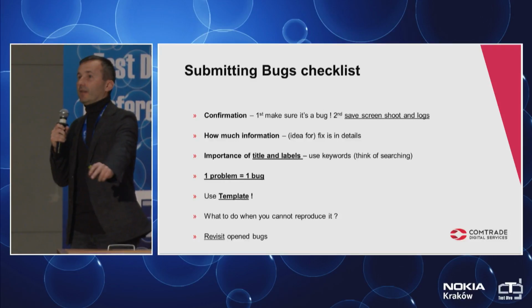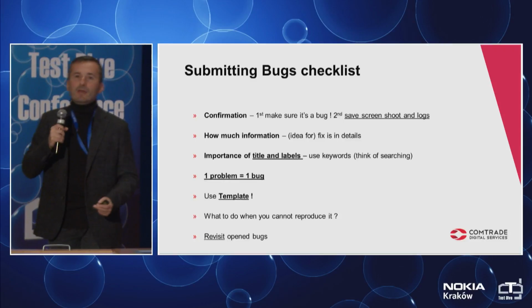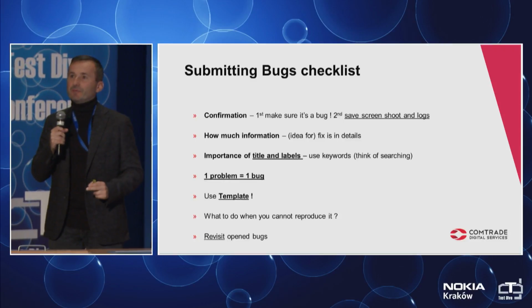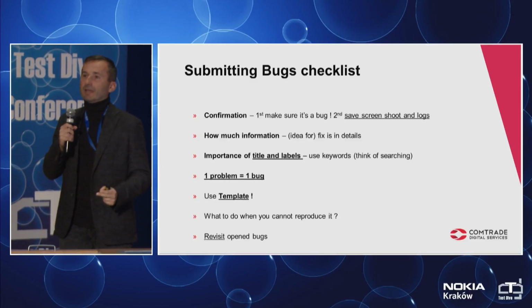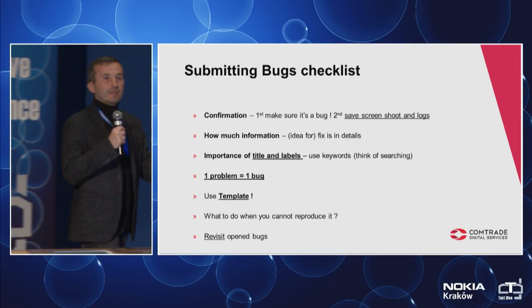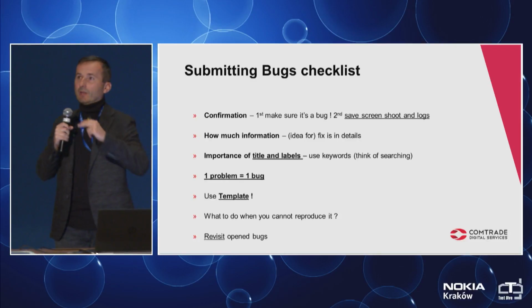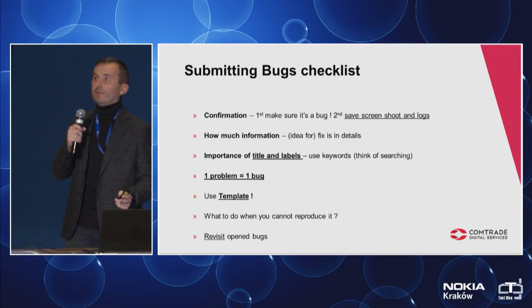They just attach a log file or something else, so it's impossible to reproduce that bug. So make sure there are test steps in that description. Make sure there is actual and expected behavior so you can pinpoint the bug. Put all these things in a template, and make sure that whenever someone tries to submit something, there is a template waiting for him, so nothing will be forgotten when submitting a bug.